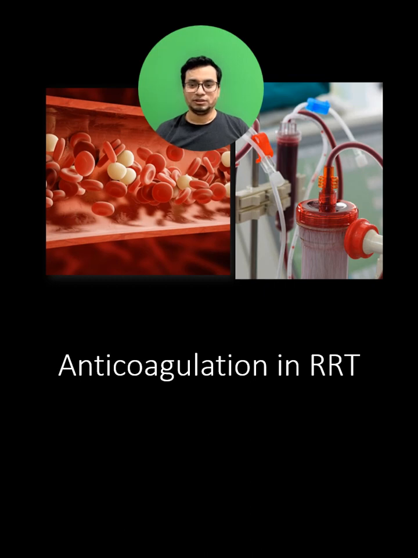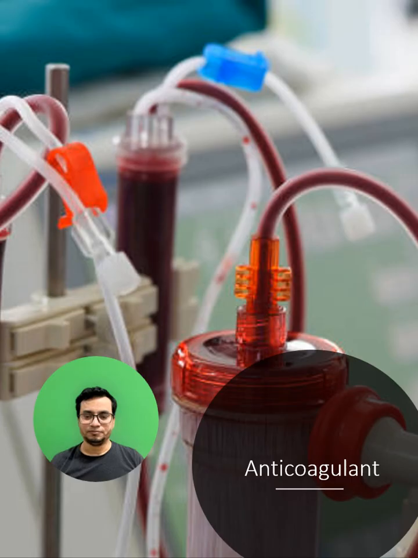All right, because there is an exposure of blood to the extracorporeal circuit during renal replacement therapy, which promotes clotting, an anticoagulant is used to prevent clotting. Now, anticoagulant which we use during RRT may not be needed in some forms of renal replacement therapy.